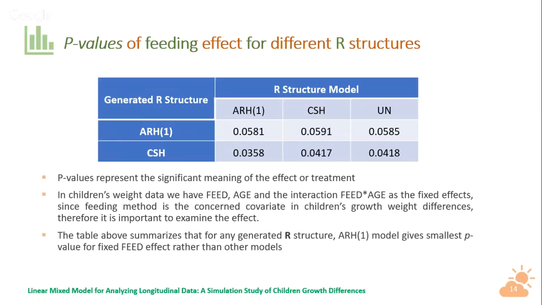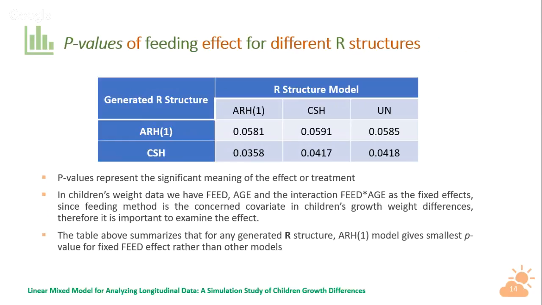The p-value represents the significance of the effect of treatment, that bottle feeding has an effect on the weight of the baby. In the children growth data, we have feed, age, and the interaction of feed and age as the fixed effects. Since feeding method is a constant covariate in children growth with differences, it is important to examine the effect.